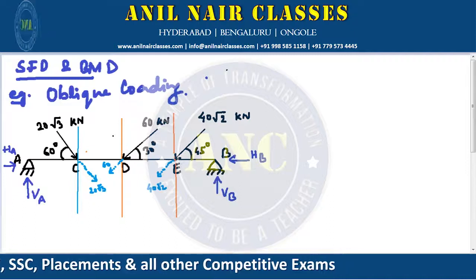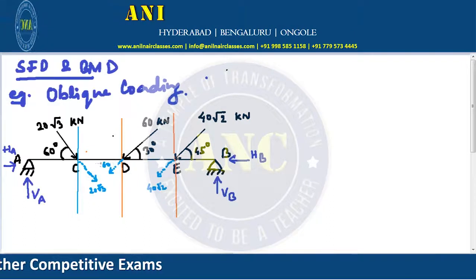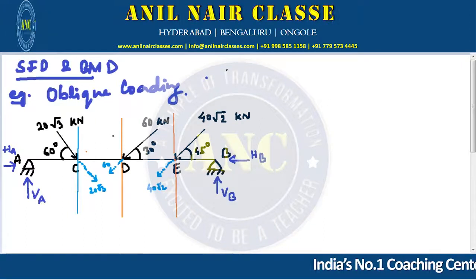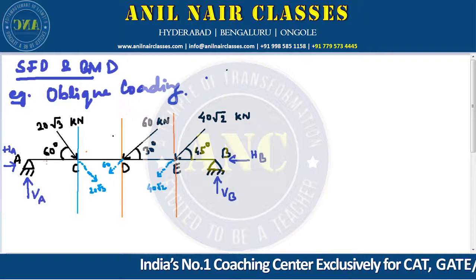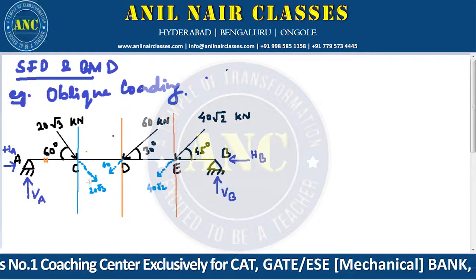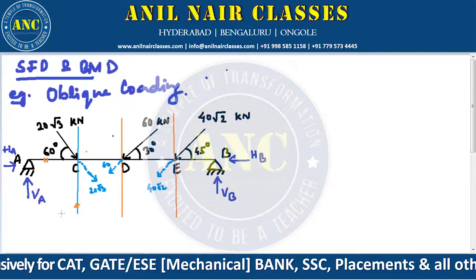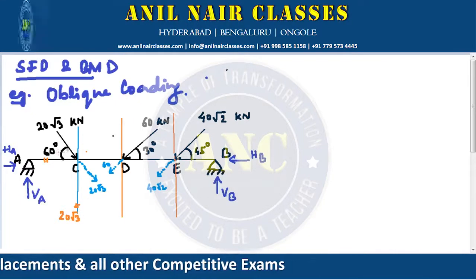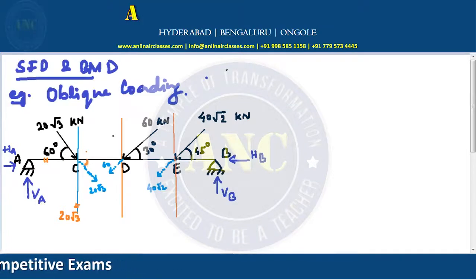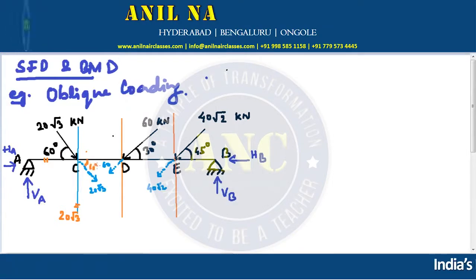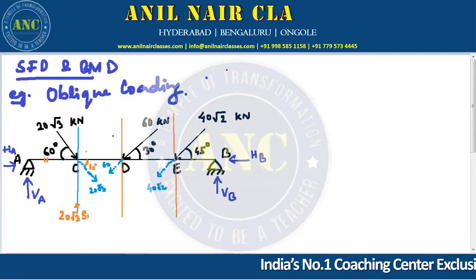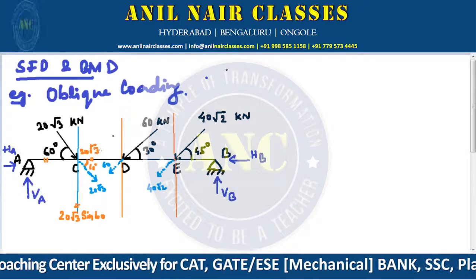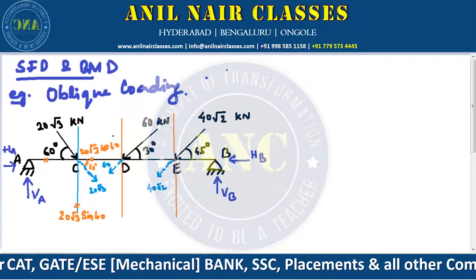So if I make it separately, this is in this quadrant, so this will be 20 root 3. This is making 60 degrees with which axis? With this axis, right? 60 degrees. So this will be 20 root 3 sine 60, and this will be 20 root 3 cos 60, correct?